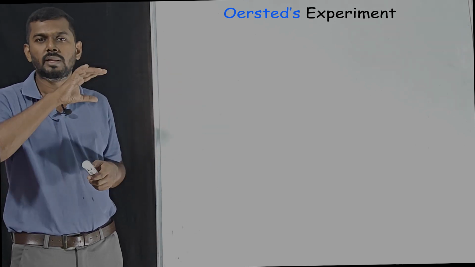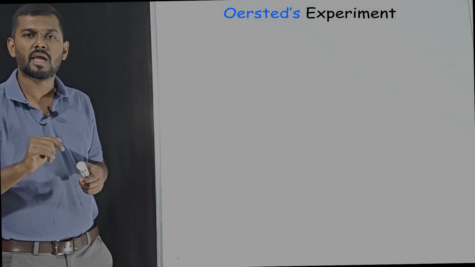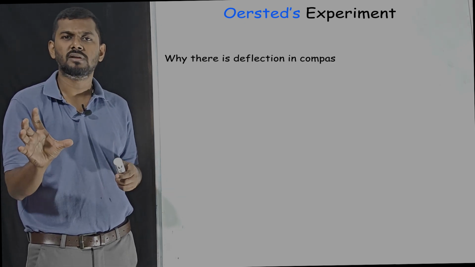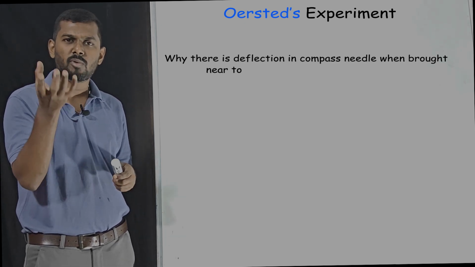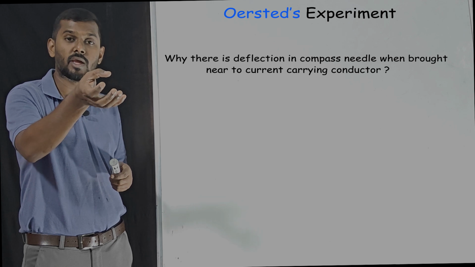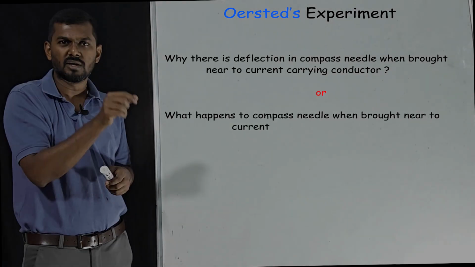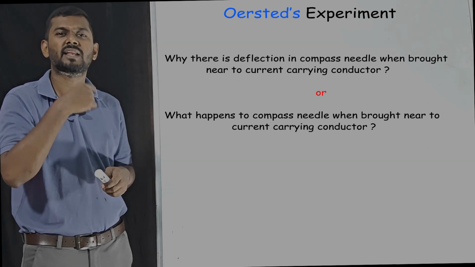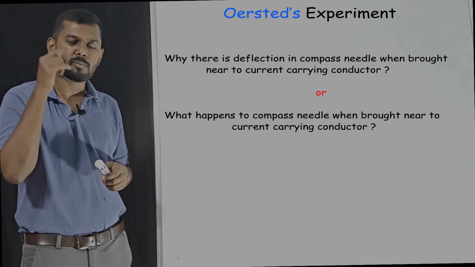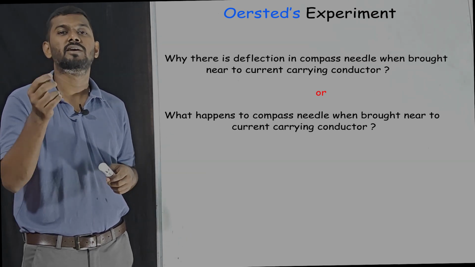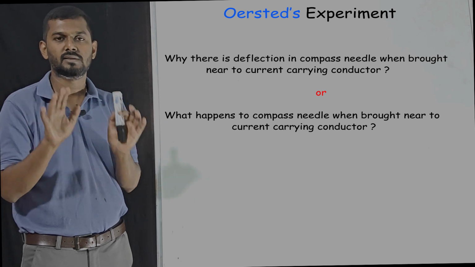See, very simple. These kinds of questions will be asked in the exam. Why is there a deflection in a compass needle when the compass needle is brought near to a current carrying conductor? Very simple answer. Because of the current in the circuit, a magnetic field will be created. That magnetic field influences the deflection in the magnetic needle. That's it.